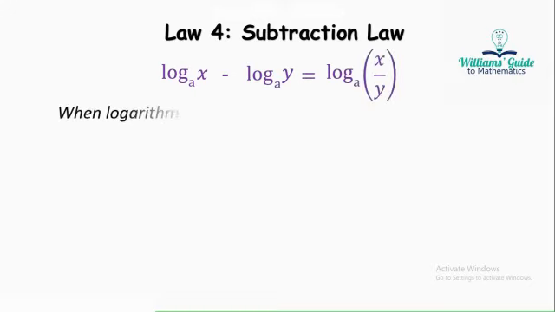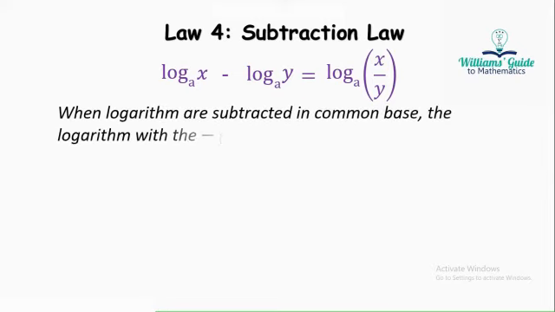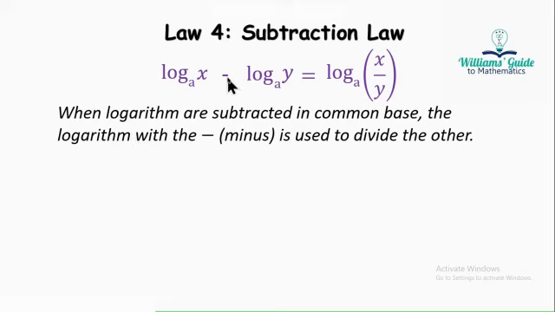When logarithms are subtracted in common base, the logarithm with the minus is used to divide the other. We have a minus sign in between these two log with a common base. We use this to divide this. That is, it will be having x divided by y.